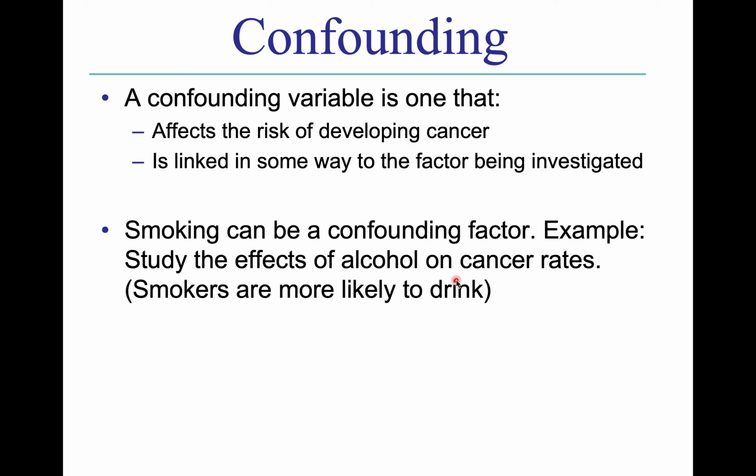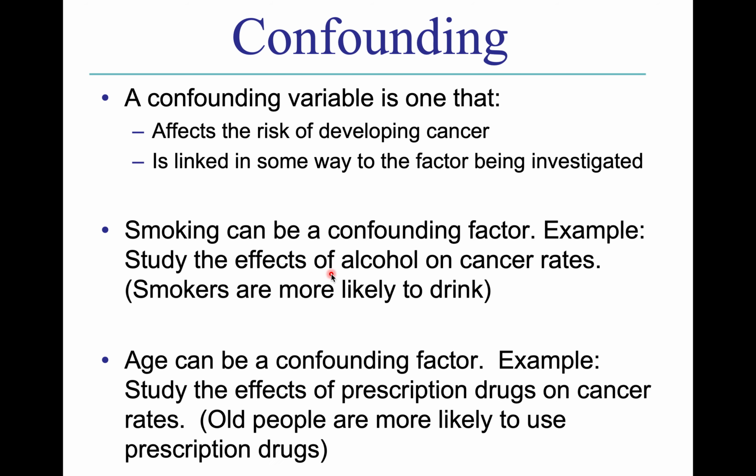This has been a big problem in studies that have tried to look at the effect of alcohol on cancer rates, because people that drink, people that spend more time in bars and establishments that sell alcohol, are also more likely to smoke as well. So that may skew any data that's being collected there. In terms of cancer, age is another big confounding variable.